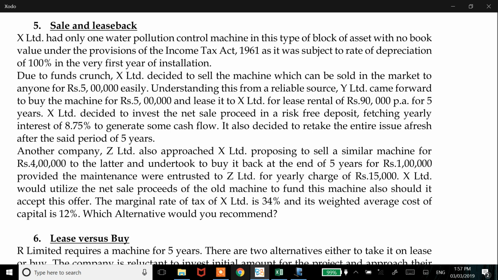Point number A, X Limited is in a cash crunch situation, and hence they would sell the machine for rupees 5 lakhs.